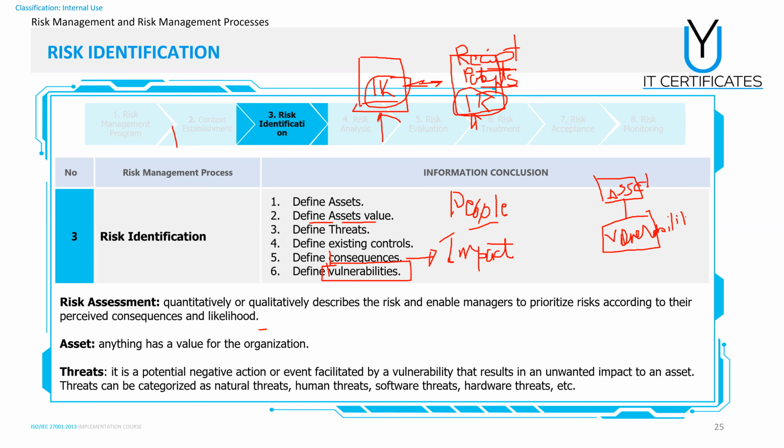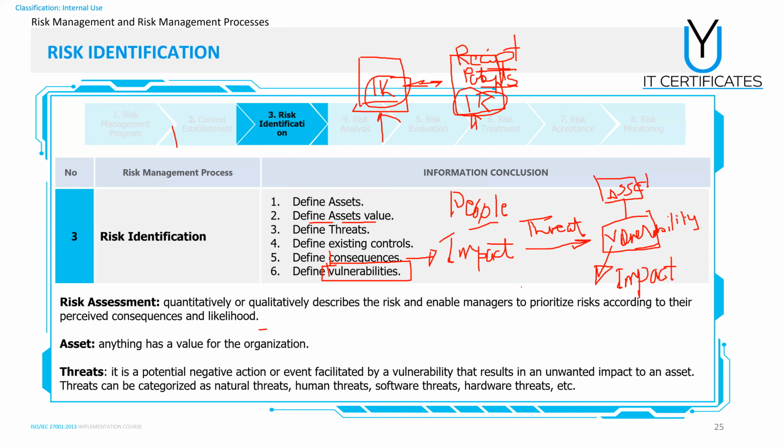And there is a threat. This threat may be a hacker, for example, trying to exploit or cause harm to the asset using this vulnerability. Then what will be the impact? How will this threat impact the organization if the hacker was able to exploit this vulnerability?